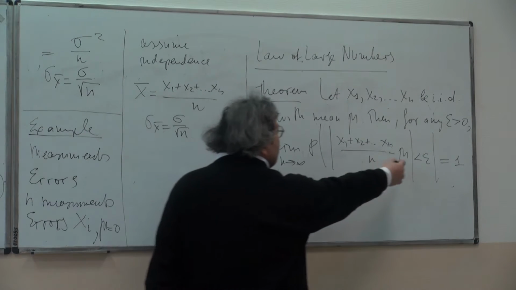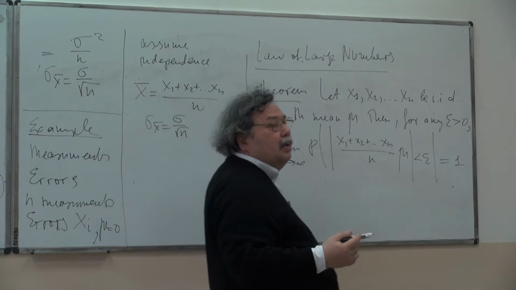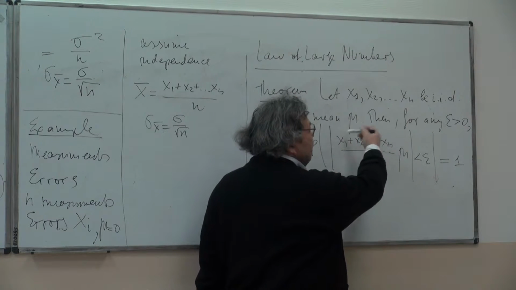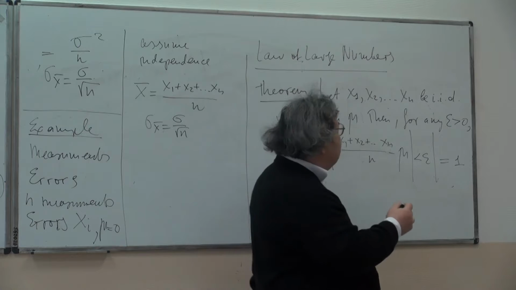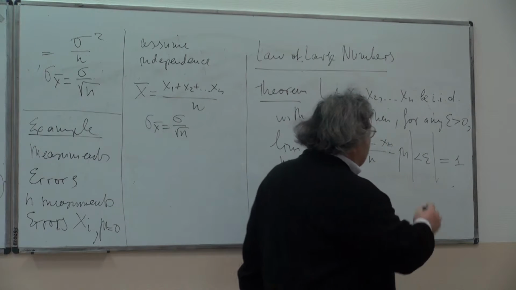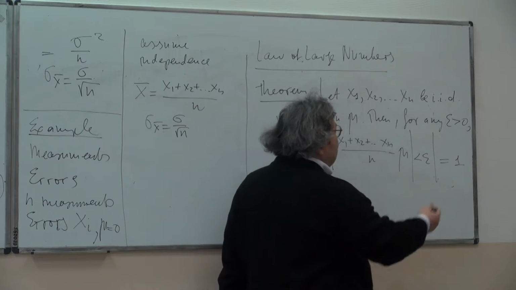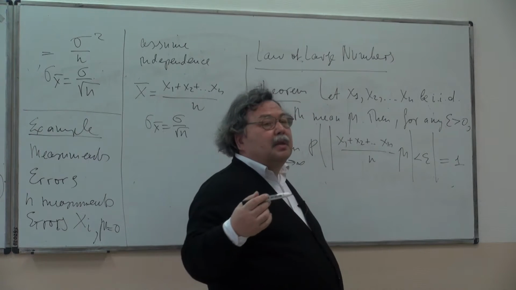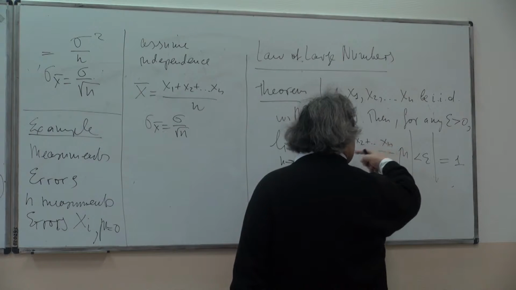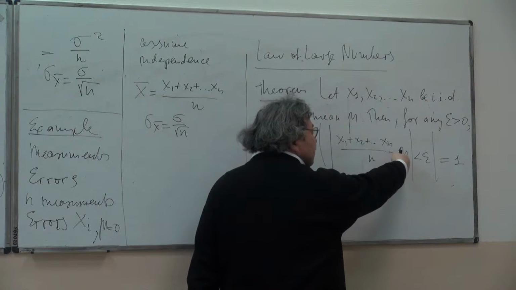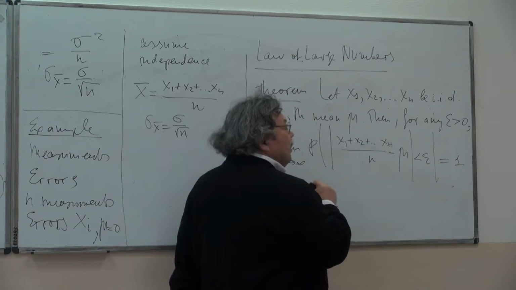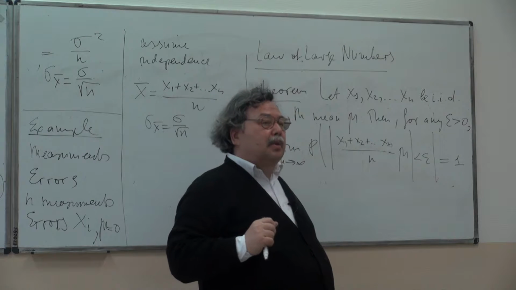In the middle here, we have the absolute value of the distance between this x bar, the arithmetic average, and mu. And then we have less than epsilon. So for any positive epsilon, the probability that this deviation of x bar from its mean is less than epsilon approaches 1 as n approaches infinity.